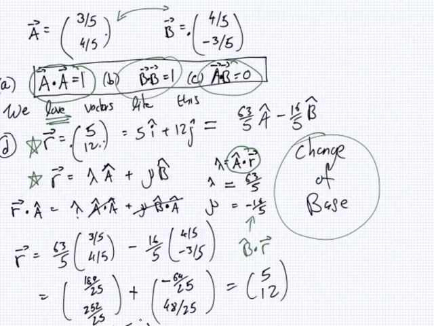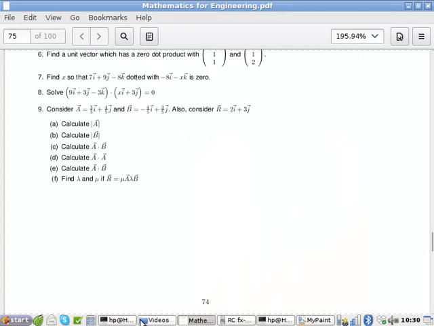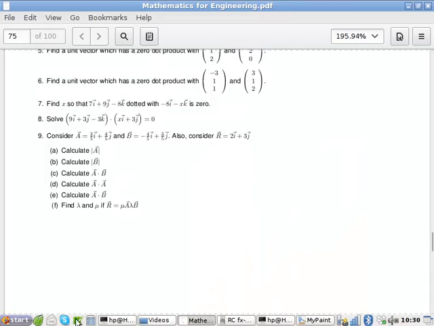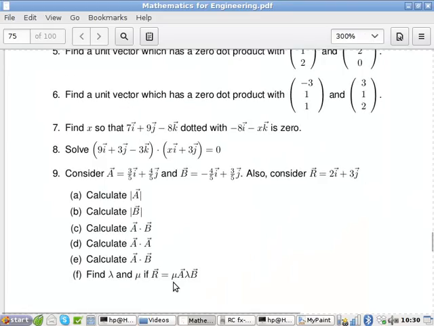Can I close that, guys? Yeah. So let's see what else we have here. Well, there's a small typo in the very last question here. That should be mu A plus lambda B at the very end.